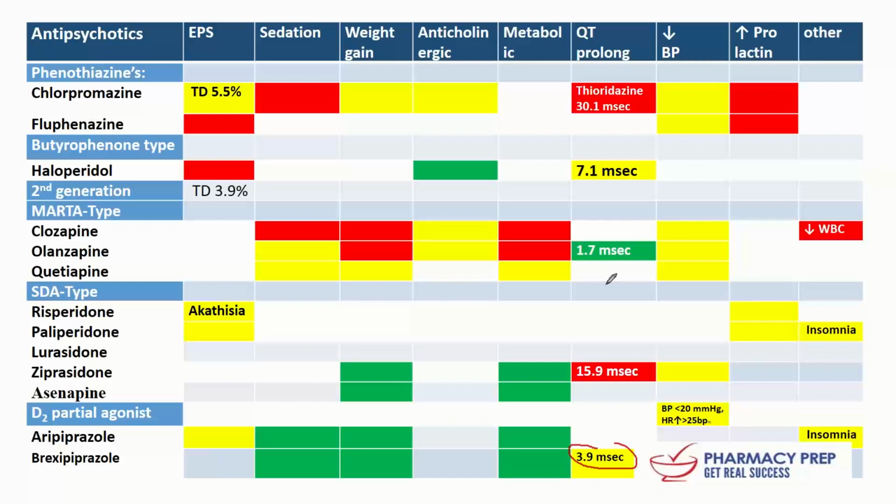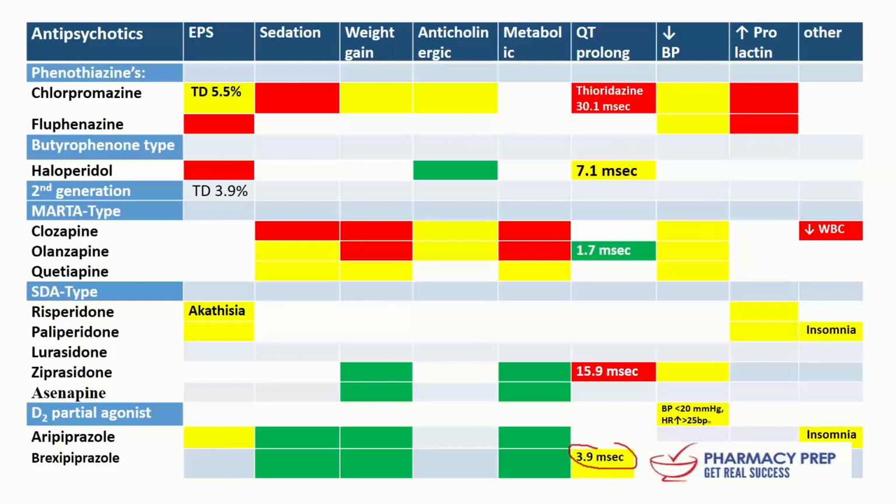Or if it is used for resistant depression, and the patient is taking citalopram, which is known to have a very high QT prolongation among SSRI antidepressants, then adding quetiapine with citalopram is definitely not a good combination. That means a higher risk. Or if your patient is taking ziprasidone with escitalopram, definitely it's not a good option to combine. That's the one you should keep in mind as a higher risk of QT prolongation.